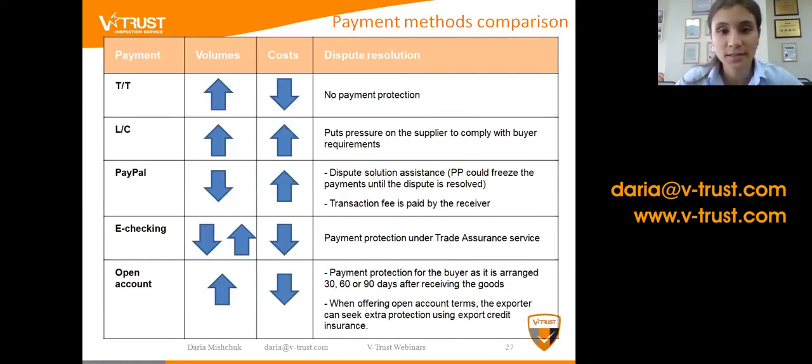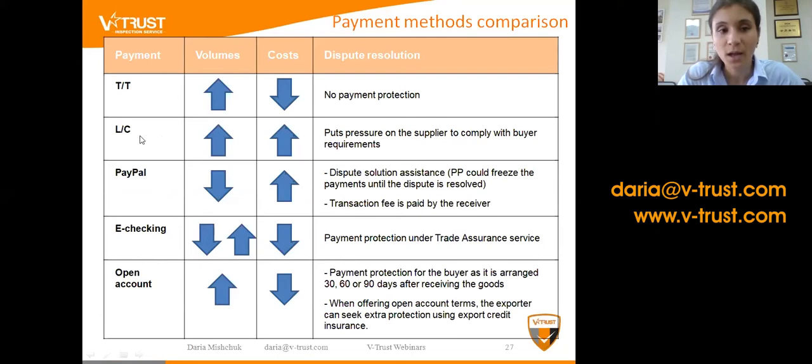Okay, we are moving further. Here is a table with the comparison of all payment methods. You can see the advantages and disadvantages, pros and cons of TT, LC, PayPal. For example, for TT, volumes should be very high, costs are relatively low, and usually no payment protection.